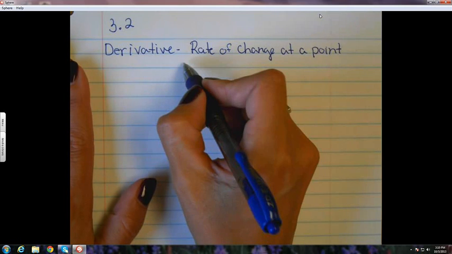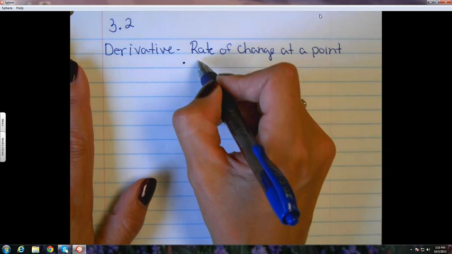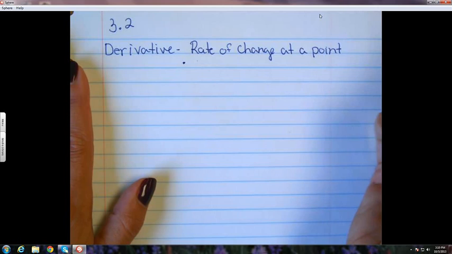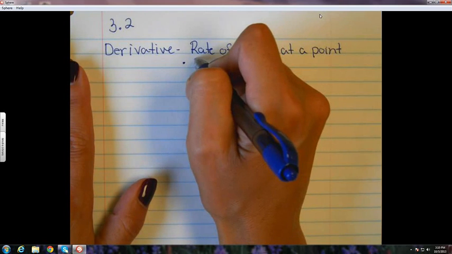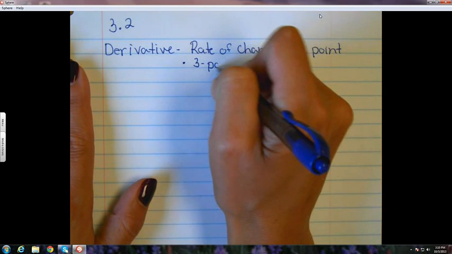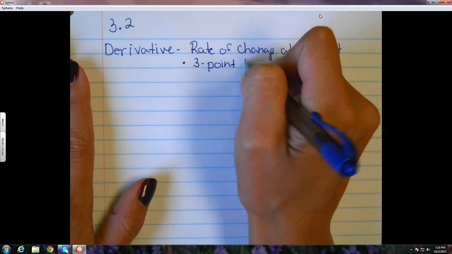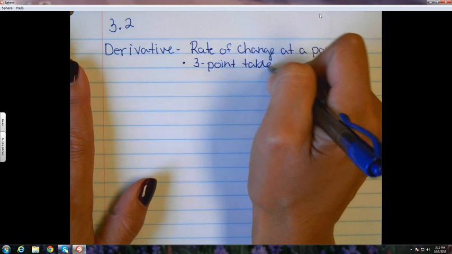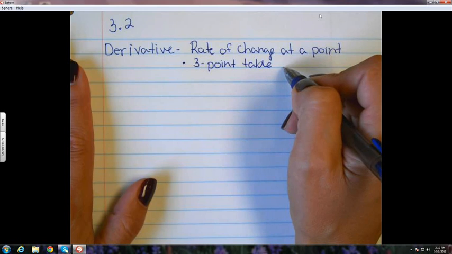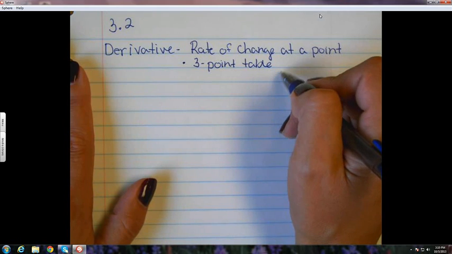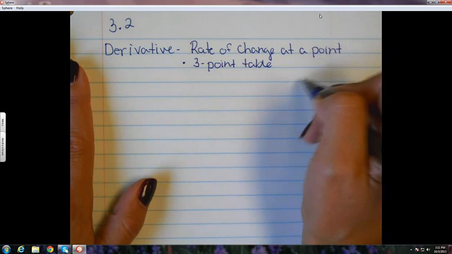And we had two ways we did this. The first way we did it with a 2-point table, and then we went to the 3-point table because it was more accurate. So I'll just put down the 3-point table, where, say if it was at 2, we did 1.99, 2, 2.01, change in y over change in x, and average.